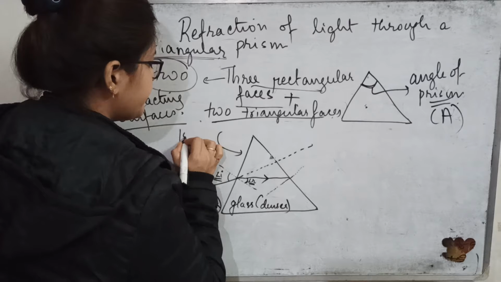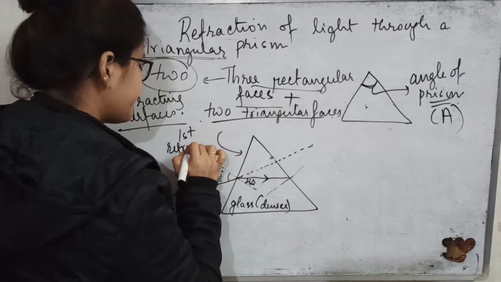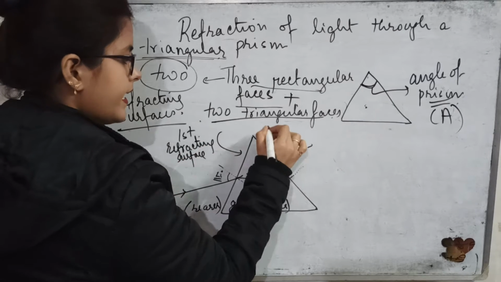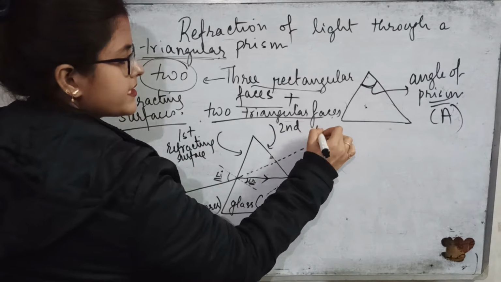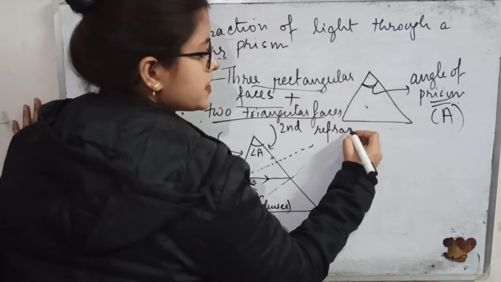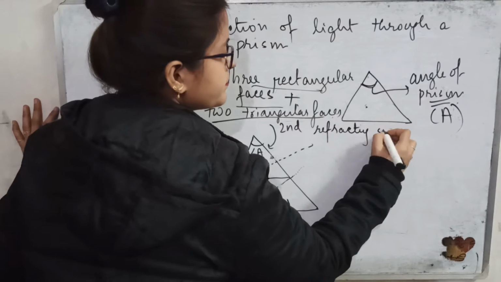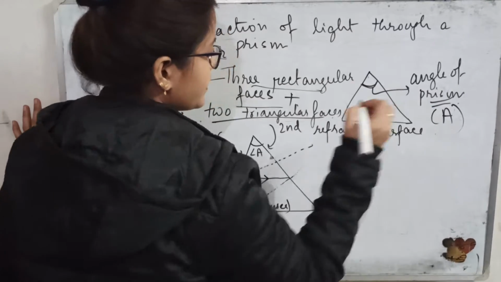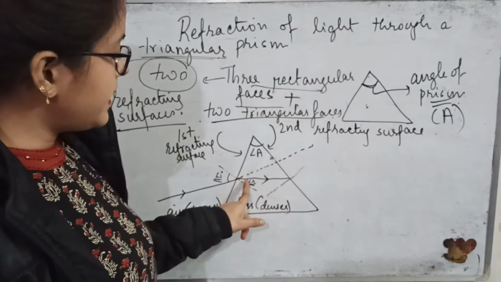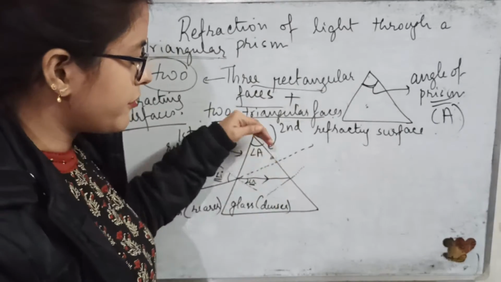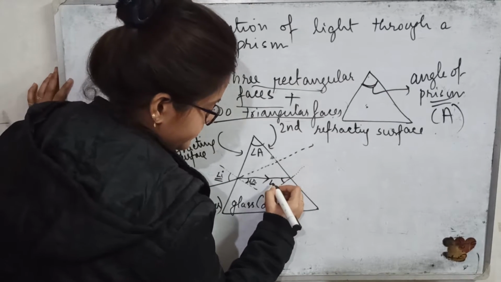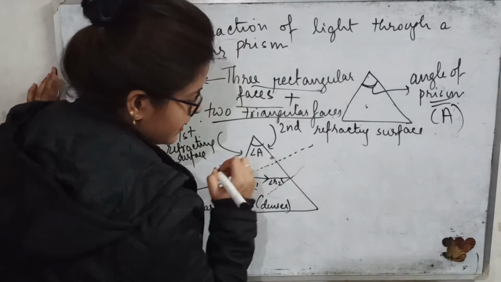So this is the first refracting surface and this is the second refracting surface, and this is my angle of the prism. Now when this light ray strikes the second refracting surface, the angle that it makes, let us name it as R2.